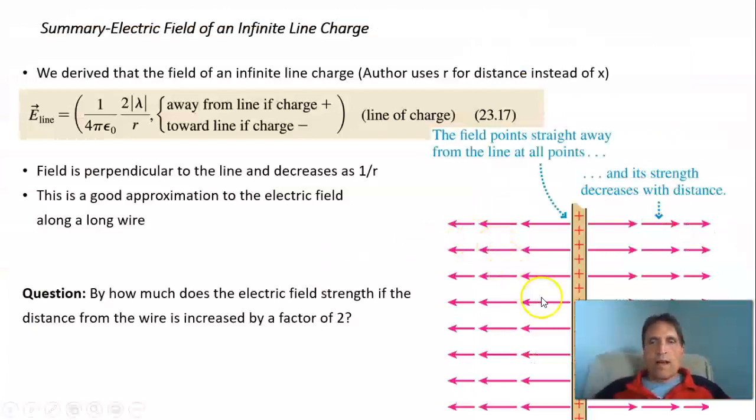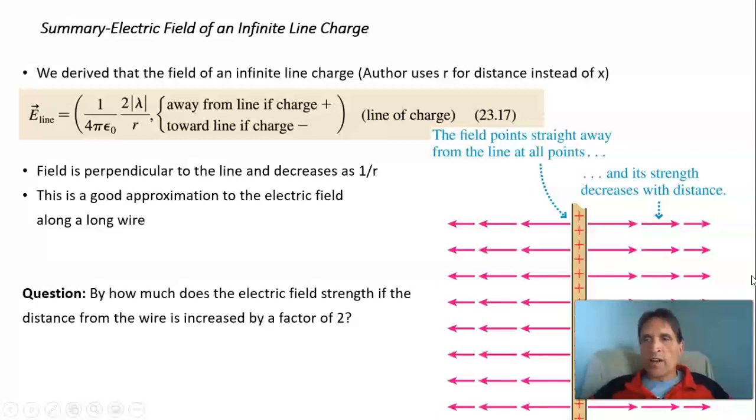So what happens, in other words, by what factor does the electric field strength change if we double our distance from the wire? So let's suppose we start off at a distance r from the wire, and let's suppose we go out to 2r. So we double our distance from the wire. What's the electric field strength out here?